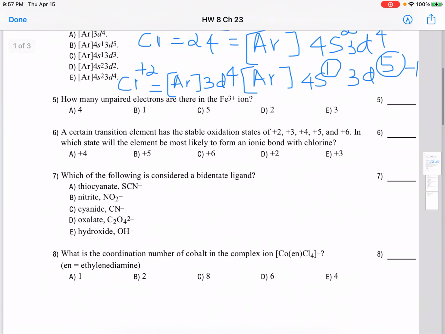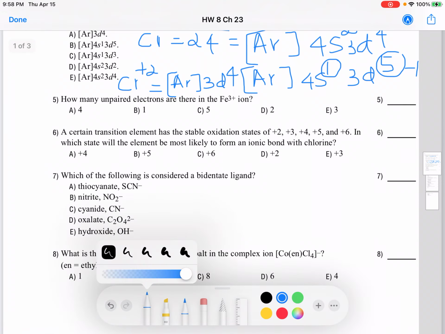And then 5. How many unpaired electrons are there in the Fe3 plus ion? Similar to chromium, you first have to find out the atomic number for iron. Iron is Fe, number 26. Okay, 26.